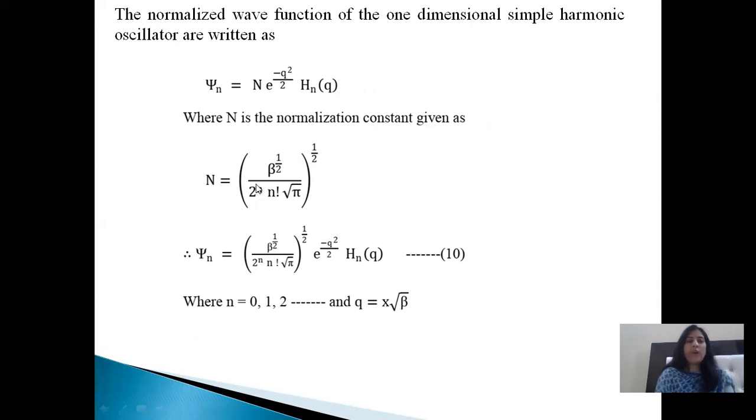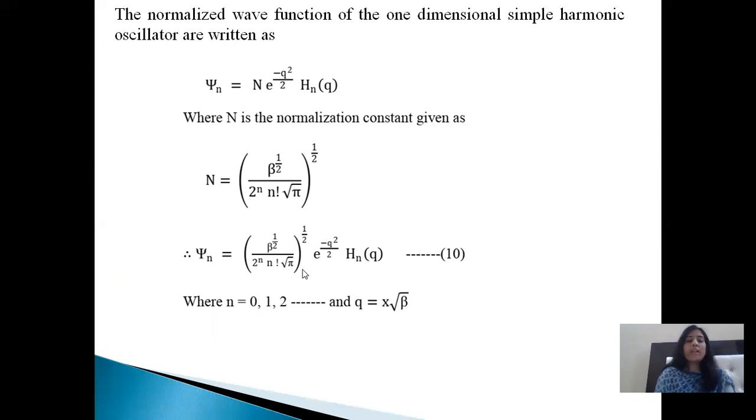By putting the value of N in this equation, we get psi_n equal to (beta^(1/2) / (2^n n! root pi))^(1/2) e^(-q²/2) H_n(q), where n is equal to 0, 1, 2 and so on, and q is equal to x root beta. By putting n equal to 0, 1, 2, we get the different wave functions psi_0, psi_1, psi_2.